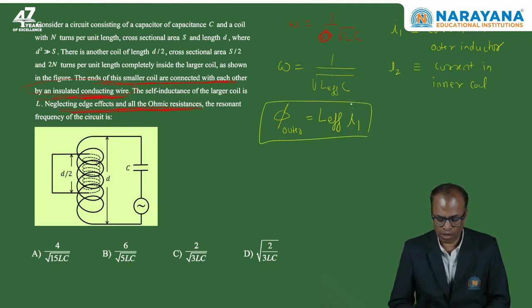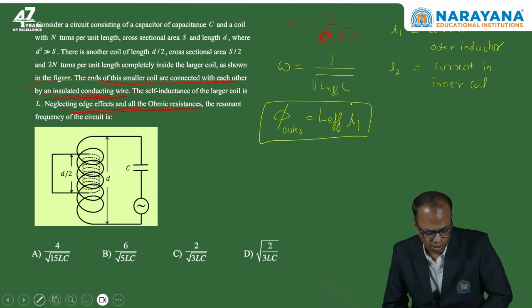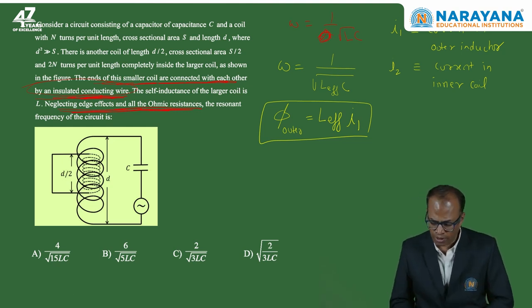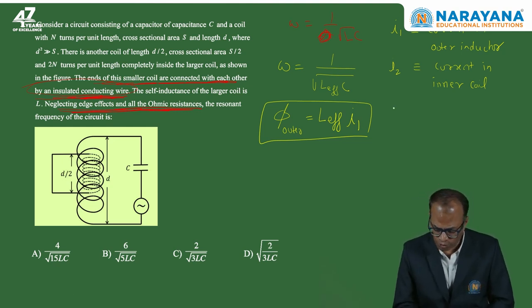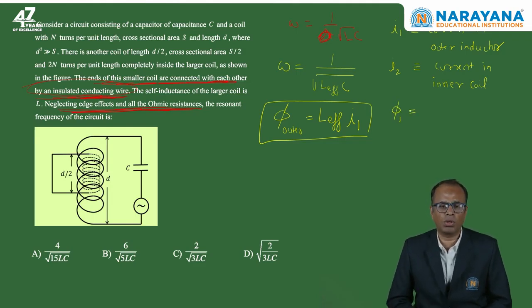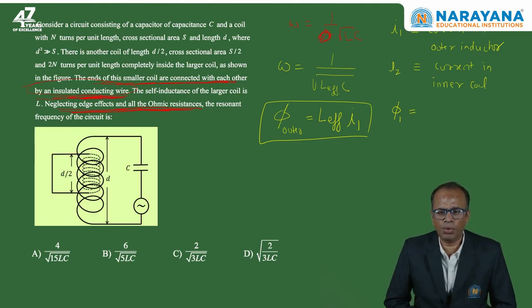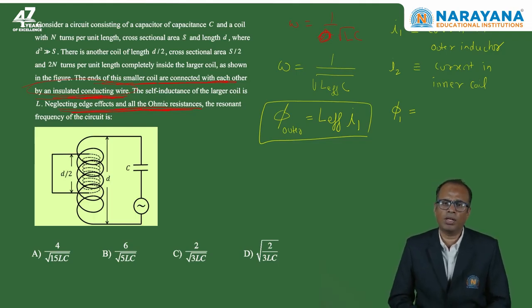So this is what I am interested in. But over here, when a current I1 flows in it, I2 will also flow and the flux has to be written differently. Notice this carefully. If I am interested in calculating the flux through the outer one, it will have flux due to its own current and it will also have a flux due to mutual inductance.